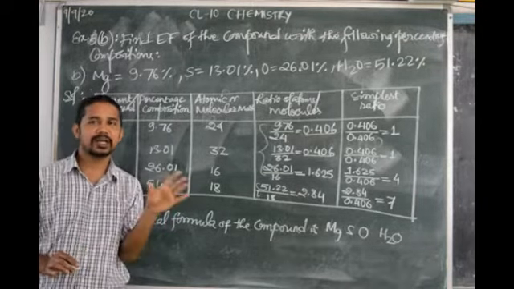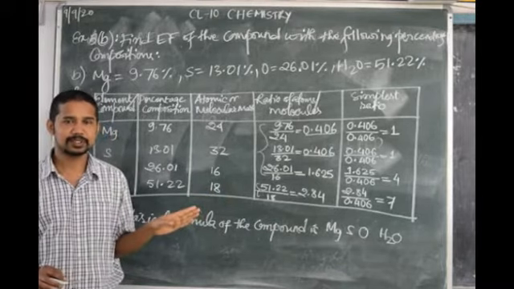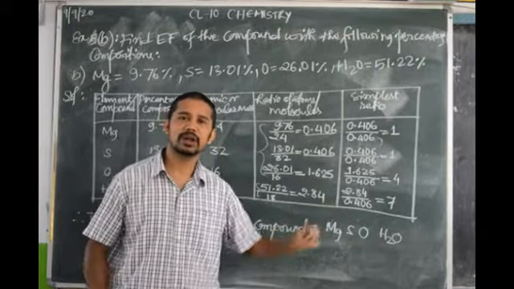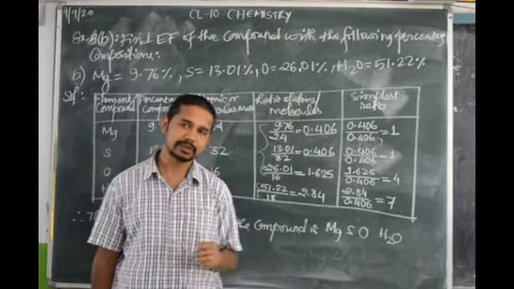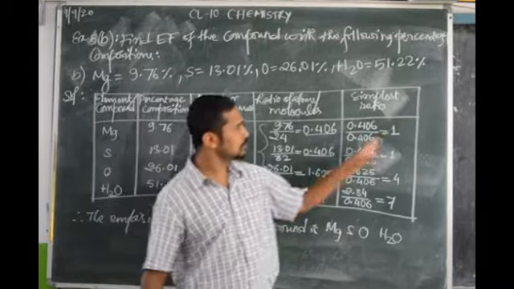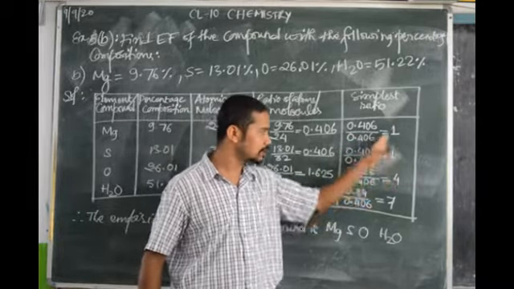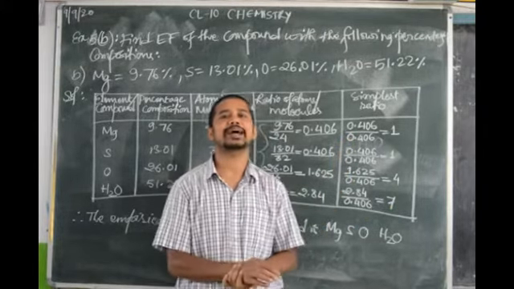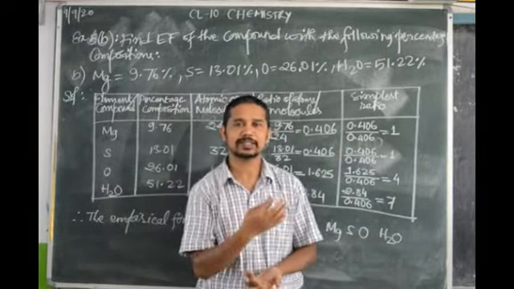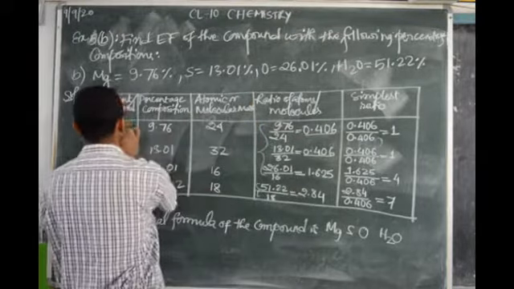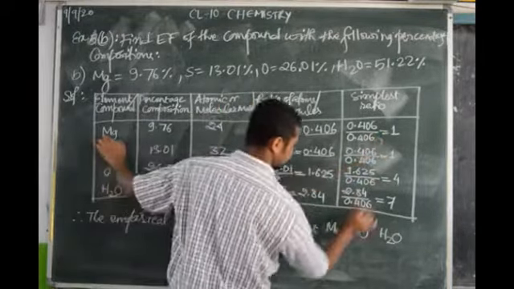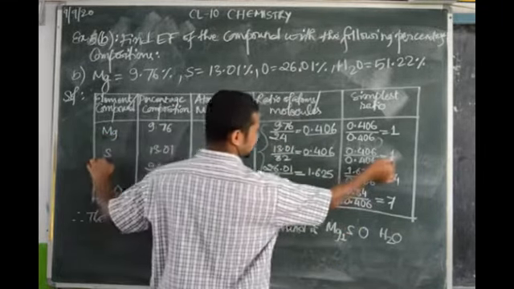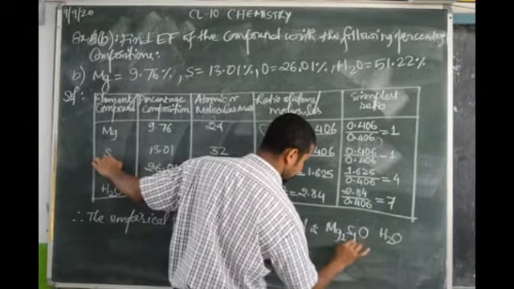Now, we are in step number 5. What do we have to do? We wrote the symbols or formula of the atoms or molecules. Now, whatever simplest ratio we have got here, we have to write on the lower right of the respective symbol. For magnesium, what is the ratio we got? 1. So Mg 1. For sulfur, 1. S 1.